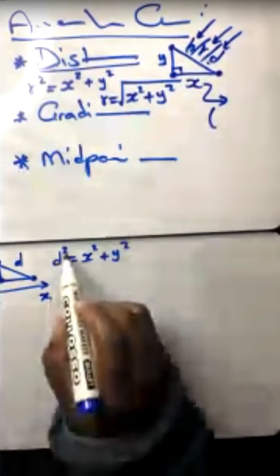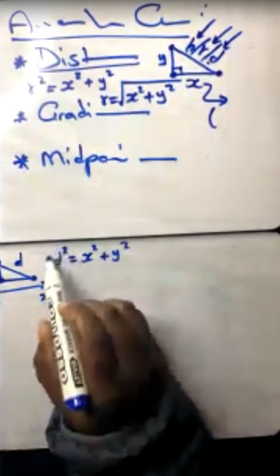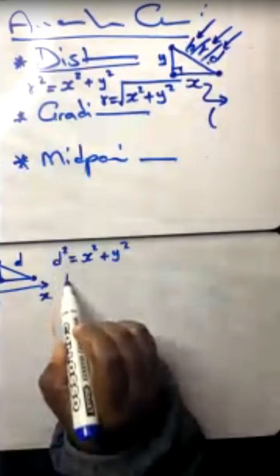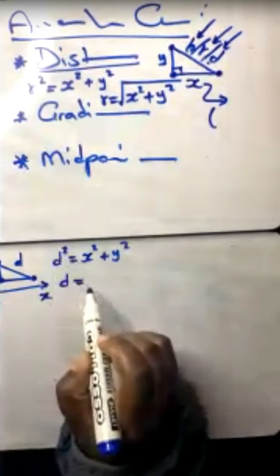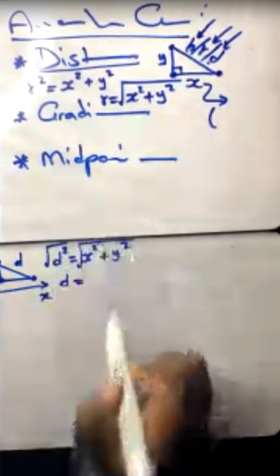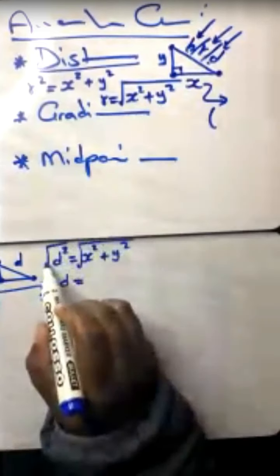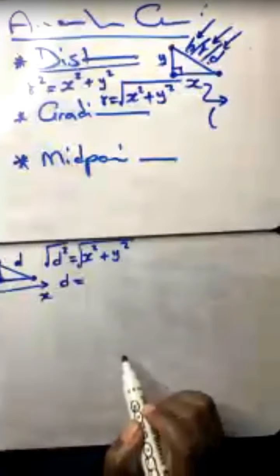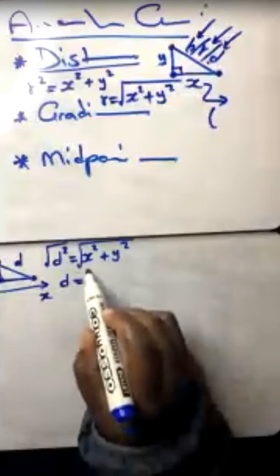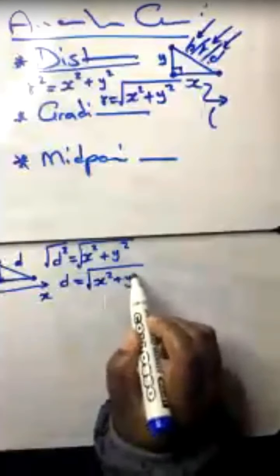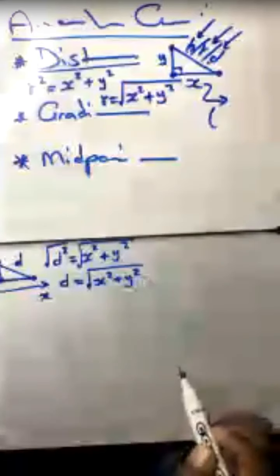To have d without the square, we introduce a square root sign on both sides. The square root on this side removes the square, and on this side you remain with the square root of x squared plus y squared.